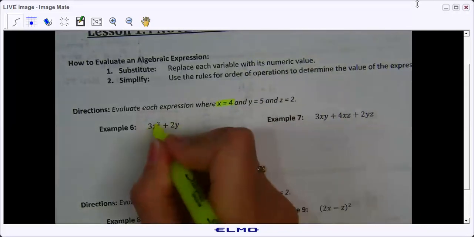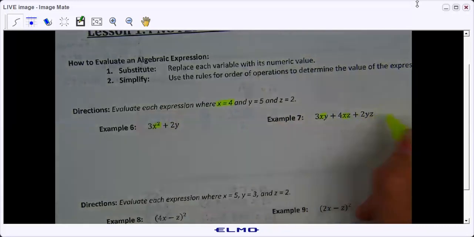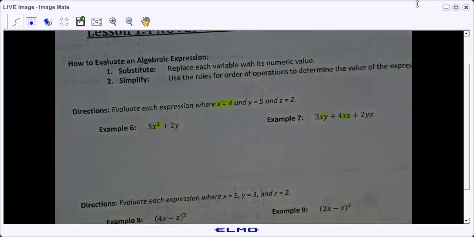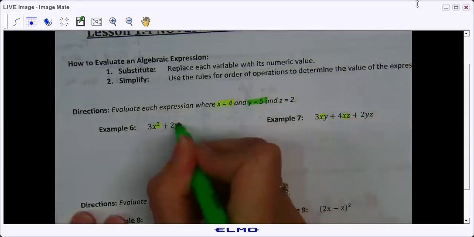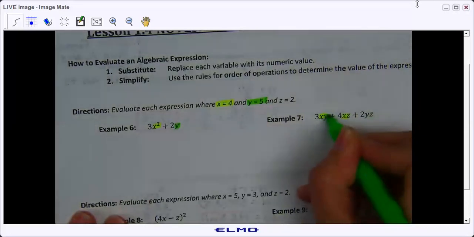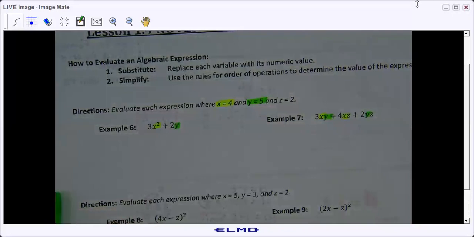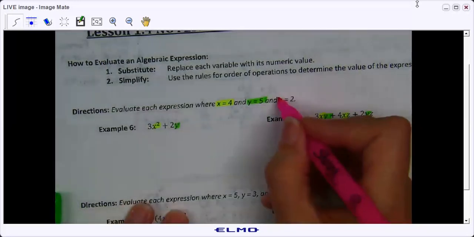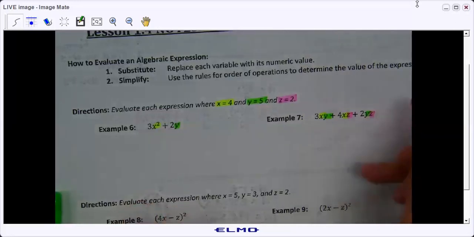And so all of my x's, I'll just highlight yellow. If this helps. If it doesn't help and it takes up time, you don't have to do that. Y's are going to be 5. So I'm going to highlight my y's. And z's are going to be pink. So, z. Okay.